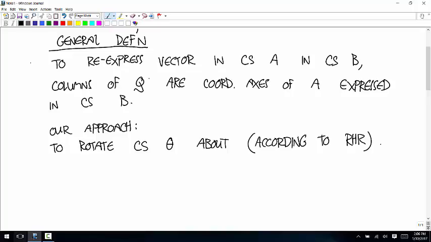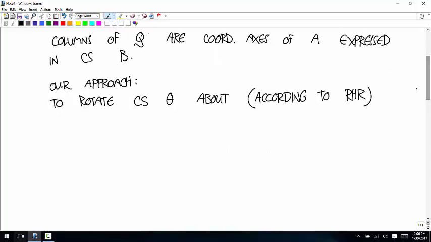So that's the way to think about a positive angle: is your thumb in the positive or negative axis direction. It's the same thing as counterclockwise if the arrow is coming towards you. Okay, so to rotate a coordinate system an angle theta, according to the right-hand rule, about first the x-axis.